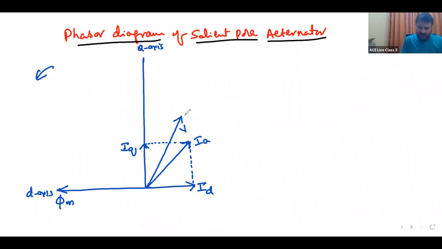All the drops should be added from V. First I will take IDRA, which I draw in phase with ID. Similarly, IQ is vertical, therefore IQRA is in phase with IQ.